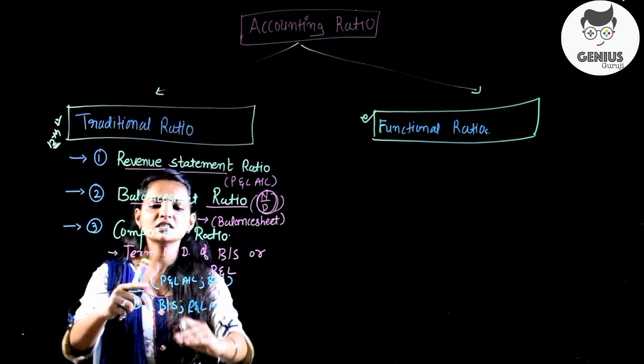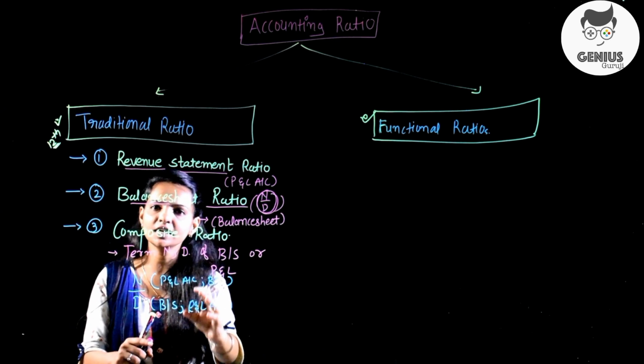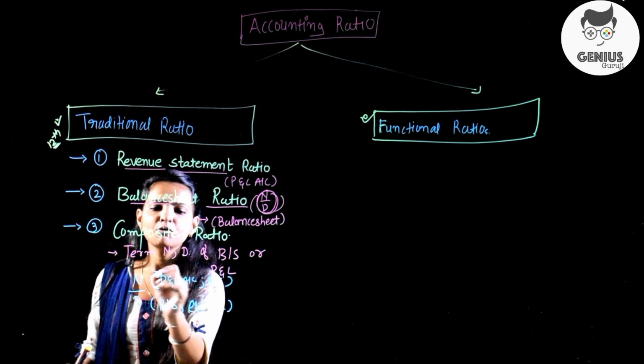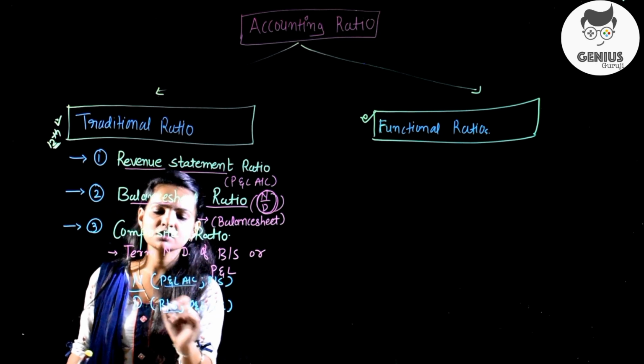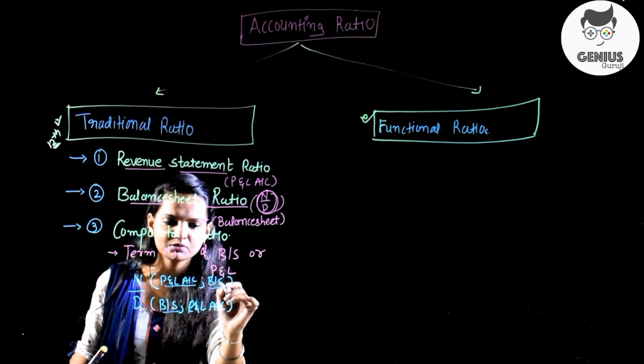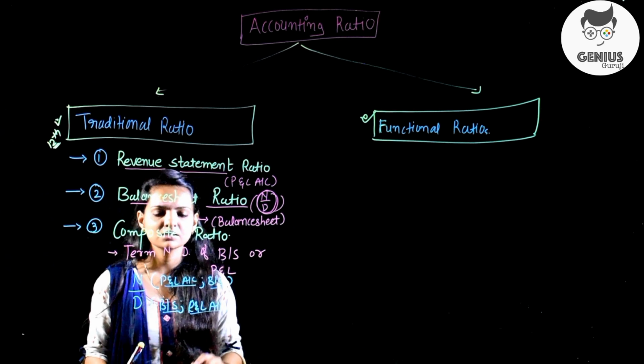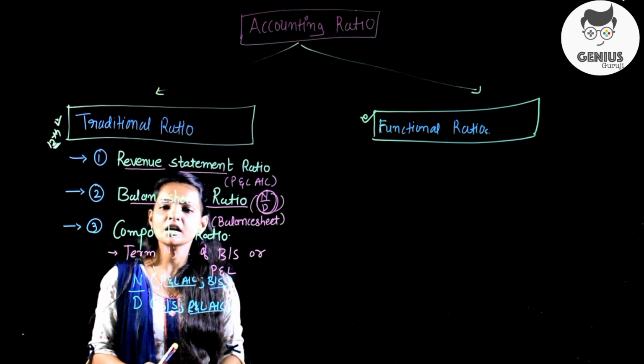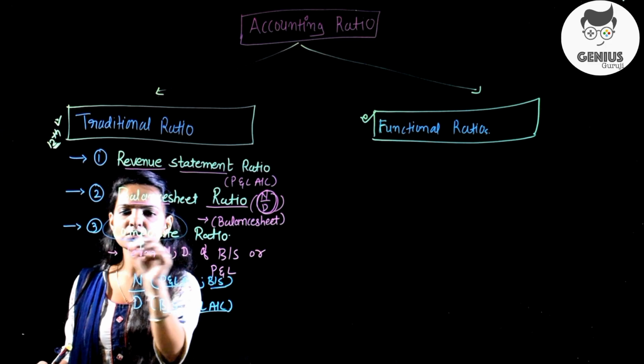So you can change it. That means you are using the data from both statements, first P&L and second balance sheet, or first balance sheet data and second P&L account. So that's known as composite ratio.